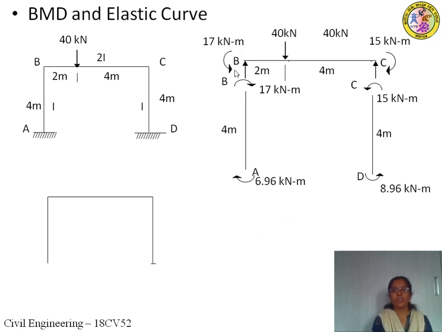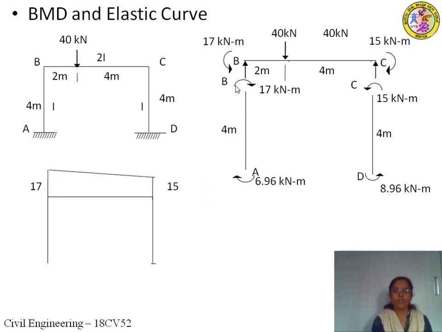At this end, with 17, the direction of the thumb is moving upward, so mark it above the baseline for 17 kilonewton meter. At C, again the thumb is moving upward, so mark it above the baseline for 15 kilonewton meter, and then join these two points. This is the support moment diagram for the horizontal member.